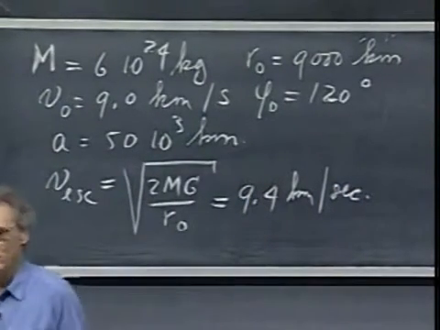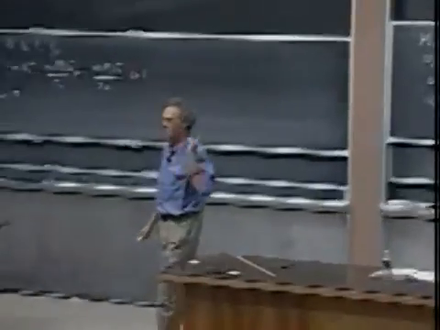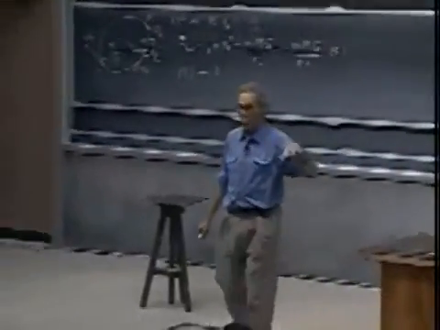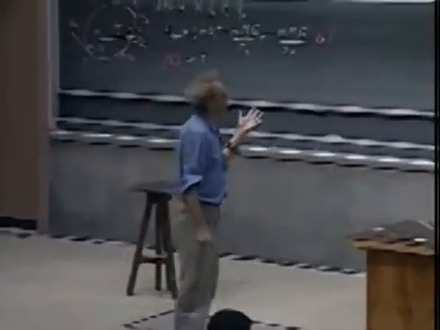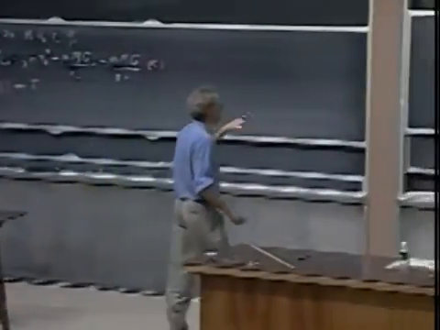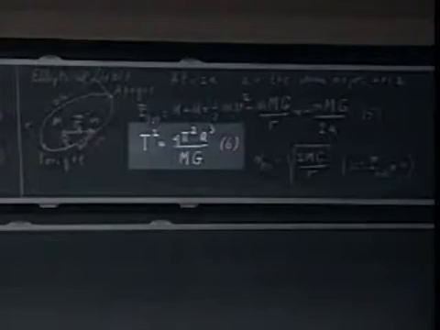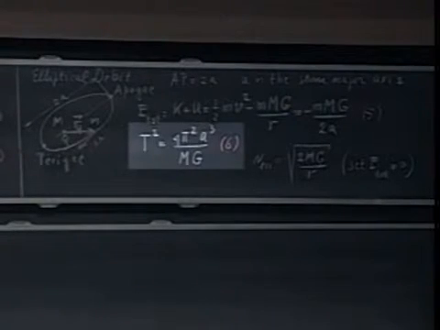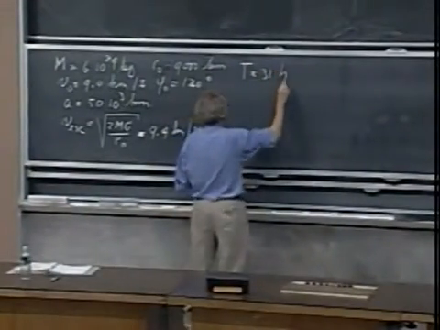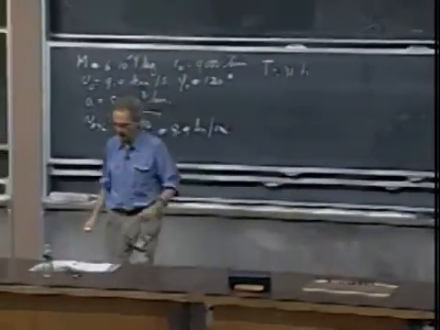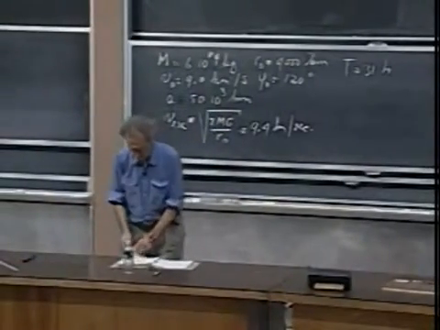Well, if you need 9.4 kilometers per second to make it out to infinity, and you have 9 kilometers per second, you're pretty close already. So that's the reason why this semi-major axis is indeed such a horrendous number. It's no surprise. Now I use equation number 6, then I find the period, and I find that it takes about 31 hours for this object to go around the Earth.